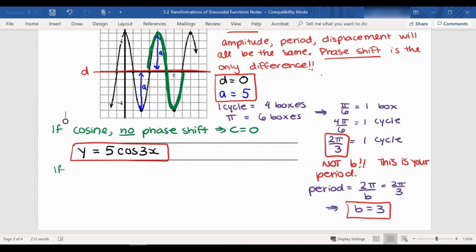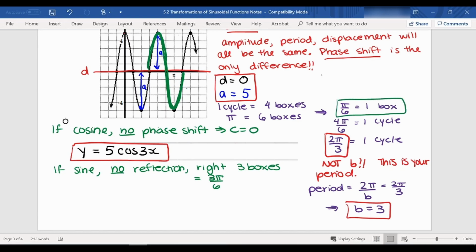So if you're looking at as a sine, if there's no reflection, it looks like we've moved to the right by 3 boxes. Again, that does not mean we moved right 3. 3 boxes would be 3 pi over 6, because 1 box was pi over 6, or pi over 2.